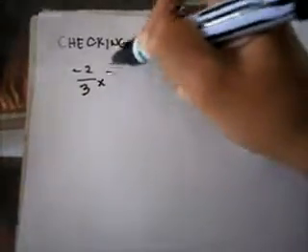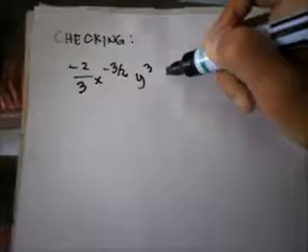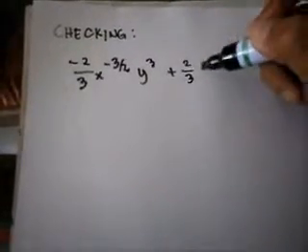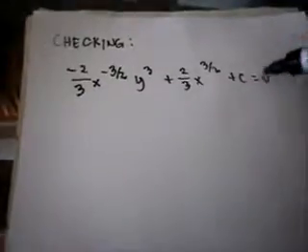So this was our answer: negative 2/3 x to the negative 3/2 y cubed plus 2/3 x to the 3/2 plus c, which is equal to 0.